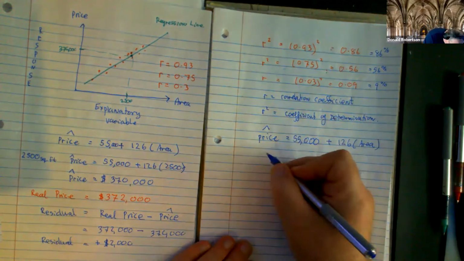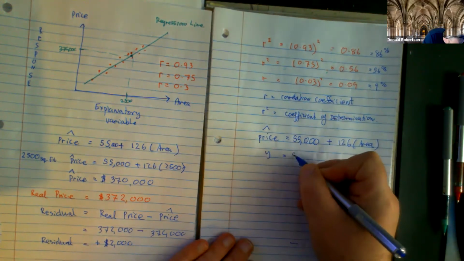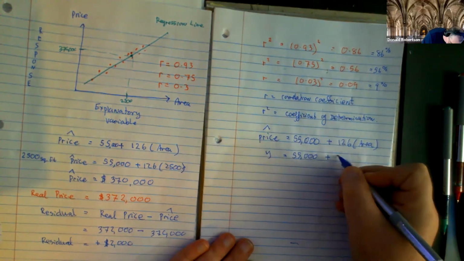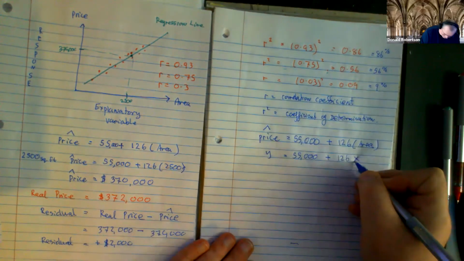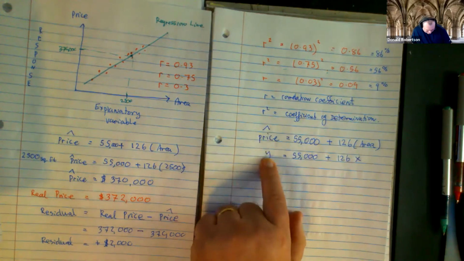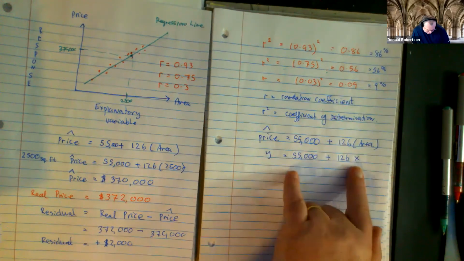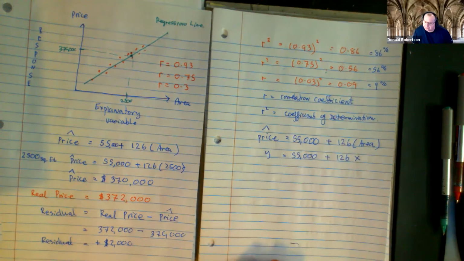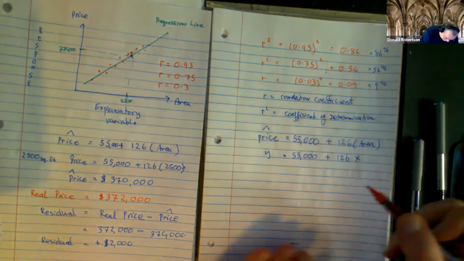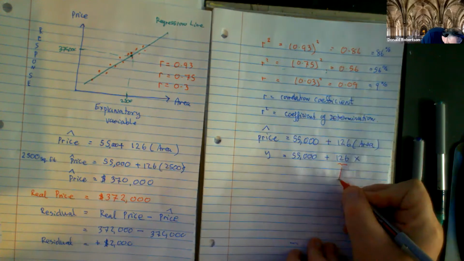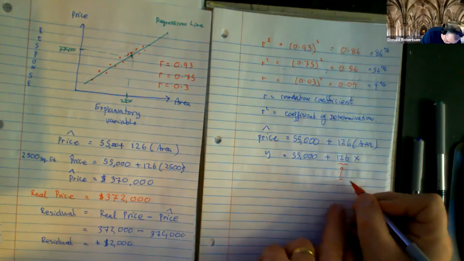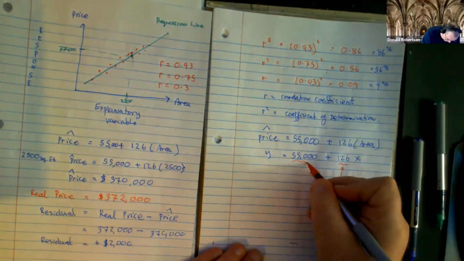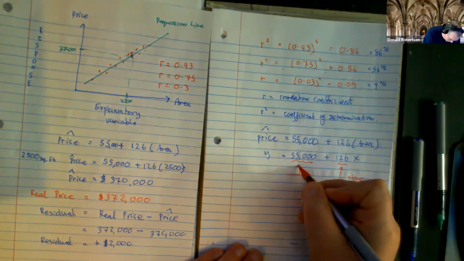Now, if I write down y equals 55,000 plus 126x, so you think of that as the y and this is the x, if I write it down more the way you would do it in algebra, isn't this number here the slope of the line? And isn't this number here the y-intercept?